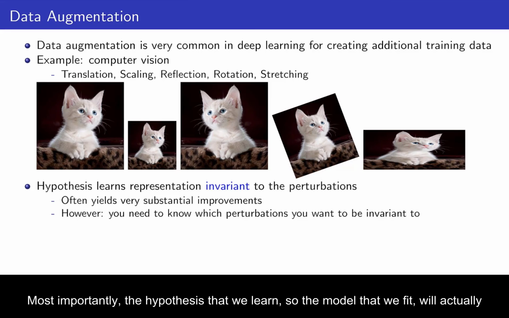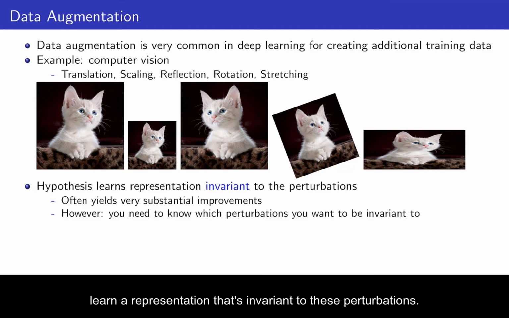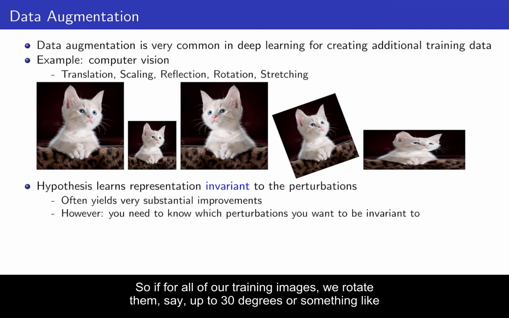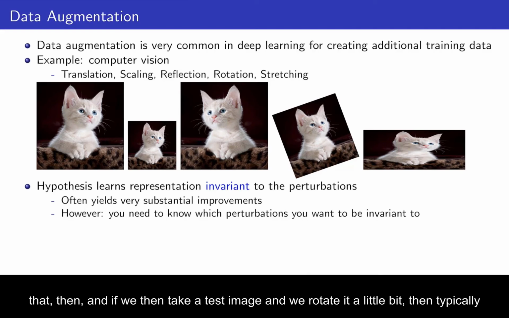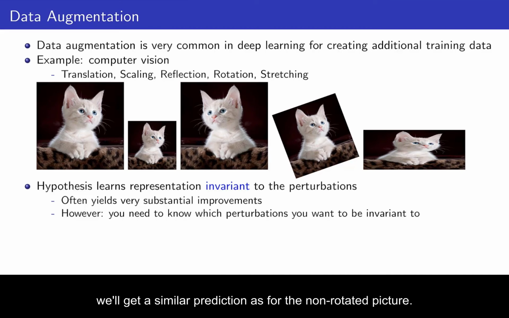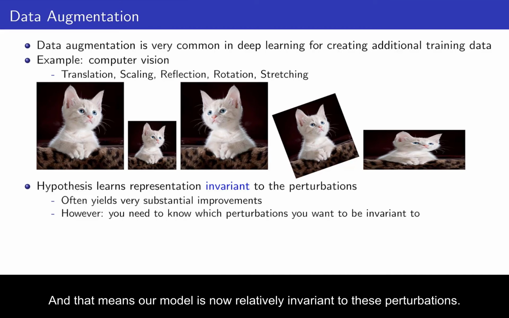Most importantly, the hypothesis that we learn, so the model that we fit, will learn a representation that's invariant to these perturbations. So if for all of our training images, we rotate them, say, up to 30 degrees or something like that, and if we then take a test image and rotate it a little bit, then typically we'll get a similar prediction as for the non-rotated picture. That means our model is now relatively invariant to these perturbations.